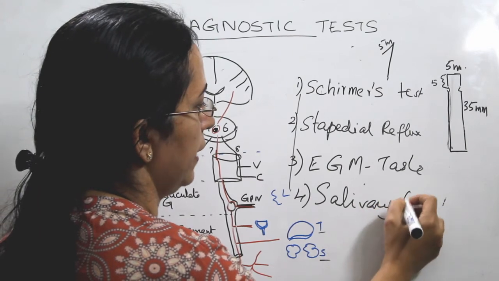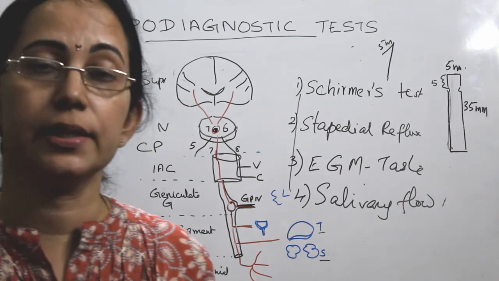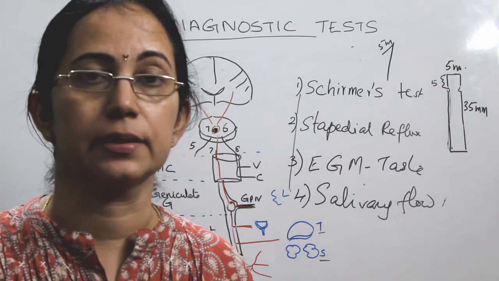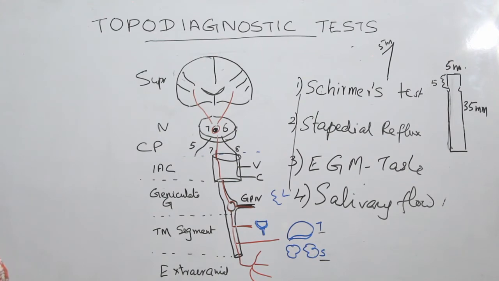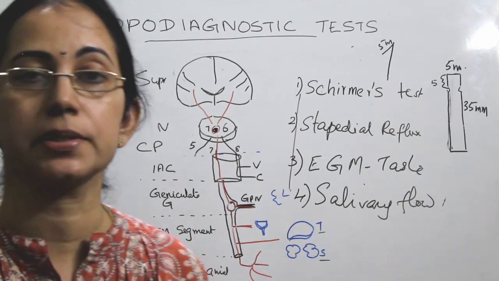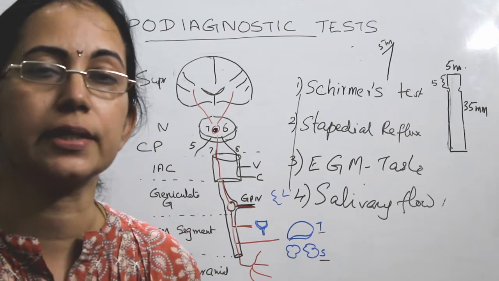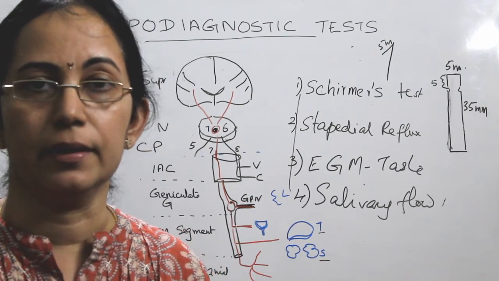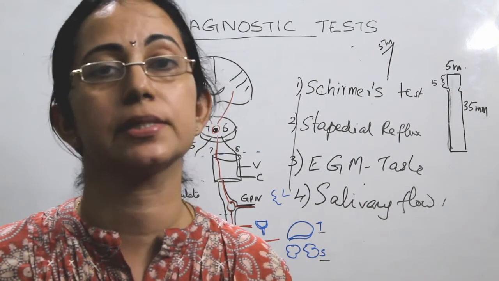Then another one is the salivary flow. How will you test the salivary flow? We have to cannulate the submandibular salivary duct and then look for the salivary flow. If it is less than 25% of the opposite side, it is abnormal. This salivary duct cannulation is time consuming and a high level of expertise is needed.